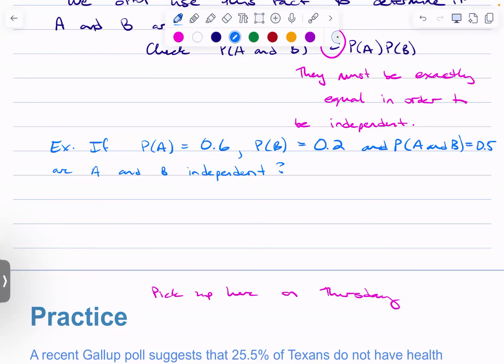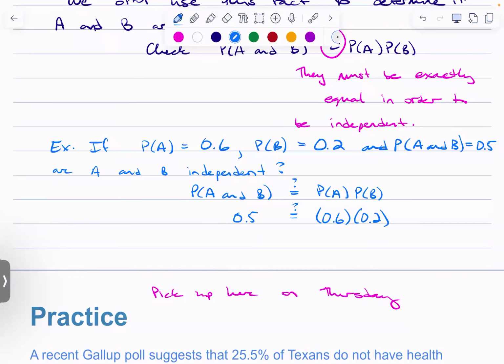So, how will we know? Well, if they are independent, then the probability of A and B is equal to the probability of A times the probability of B. Now we have all those components. So really, what we need to know is, is 0.5 equal to 0.6 times 0.2?